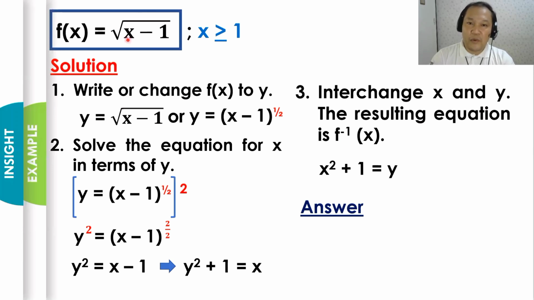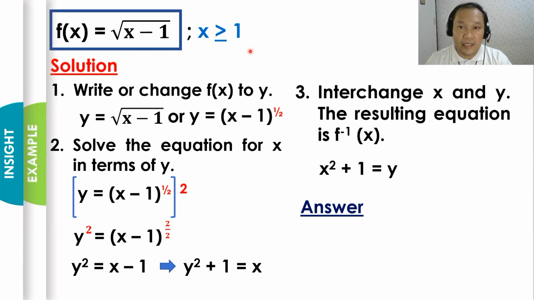Because if our x is 0, for example, then our radicand will be negative 1. The square root of negative 1 is an imaginary number.